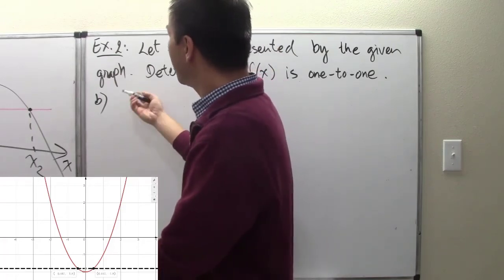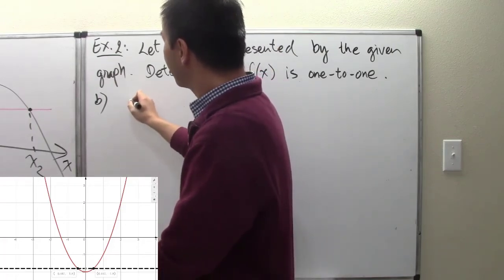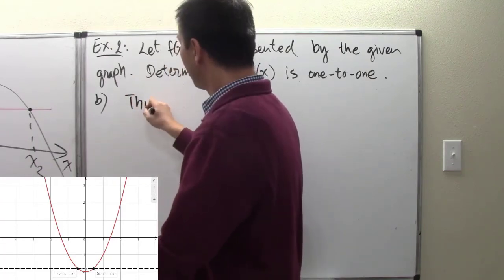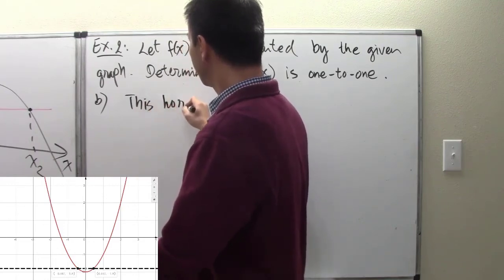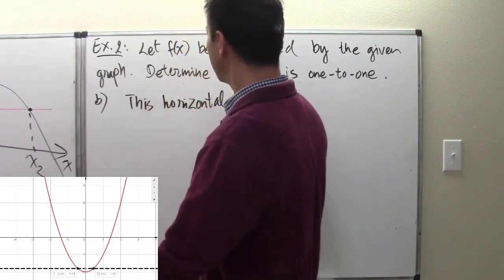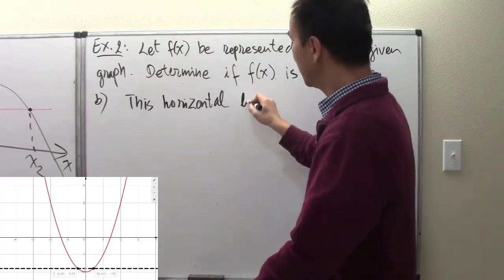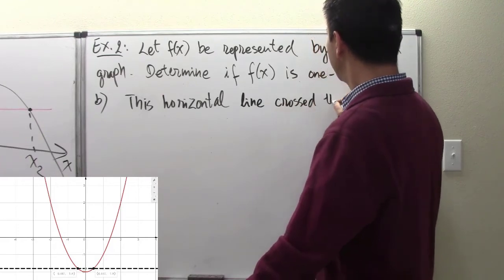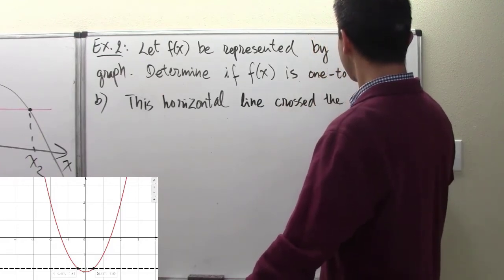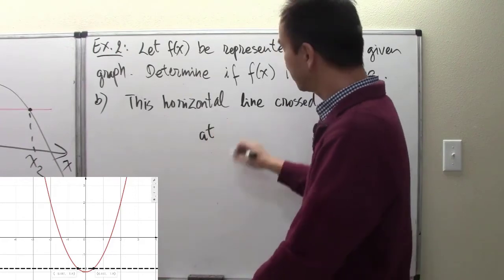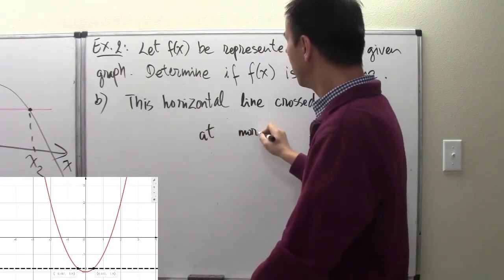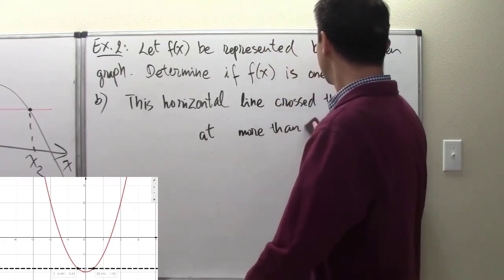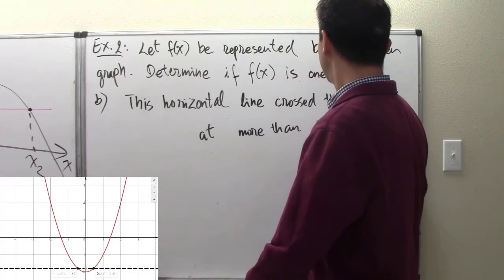So I noticed that this horizontal line, and I mean the one you've seen in the picture, crossed the graph at more than one point.